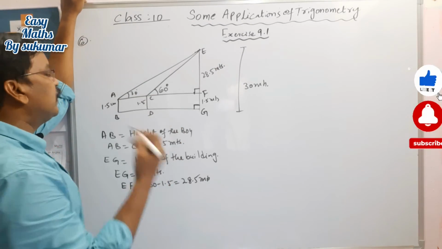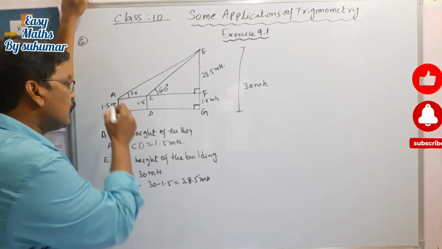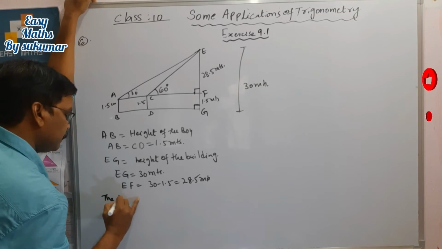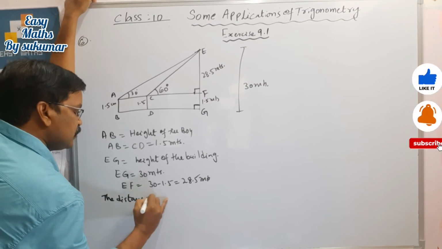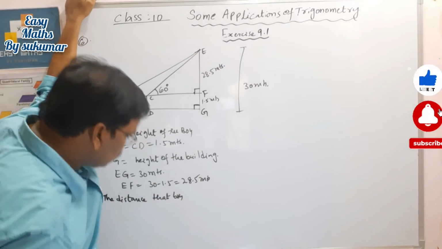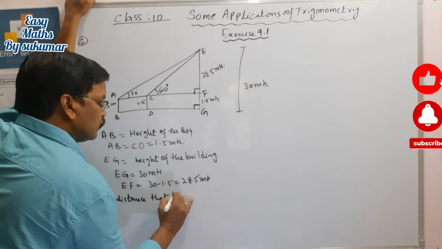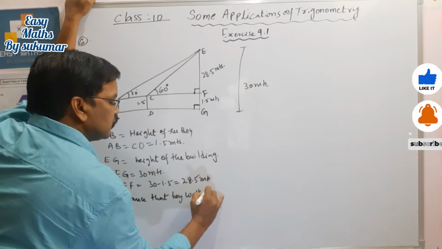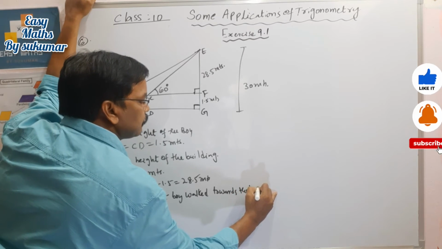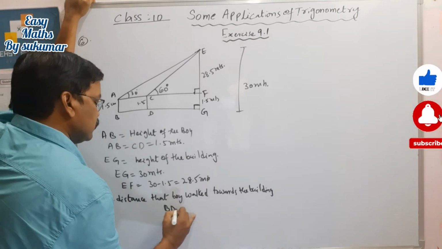First, what we have to find here is the distance he walked towards the building. That is AC. Let me write here the distance that the boy walked towards the building.